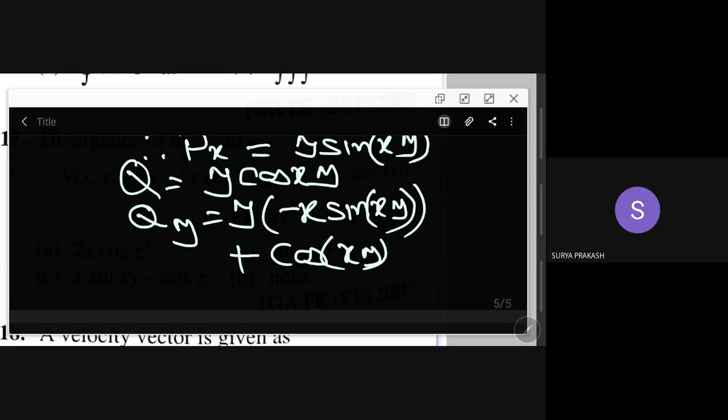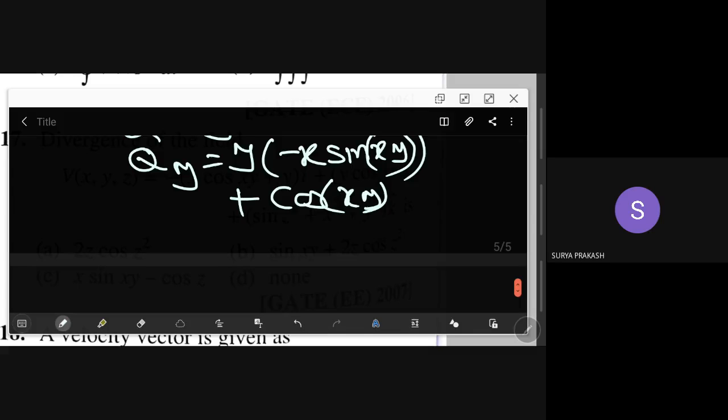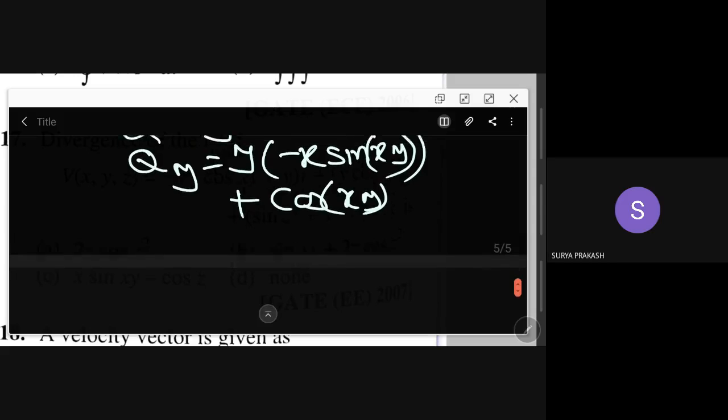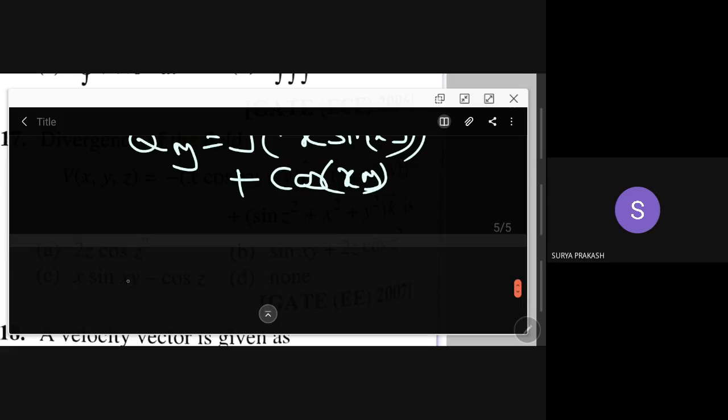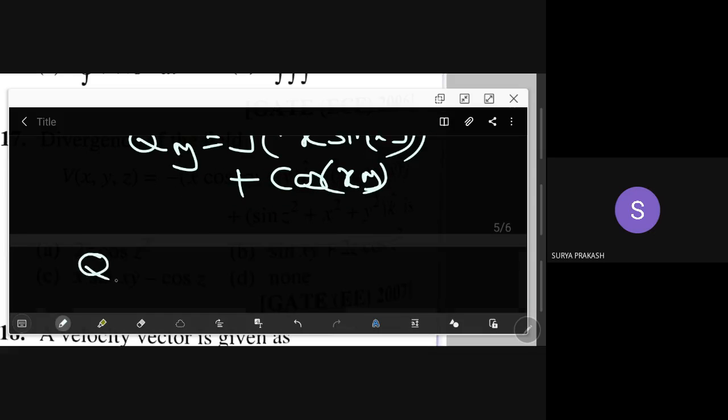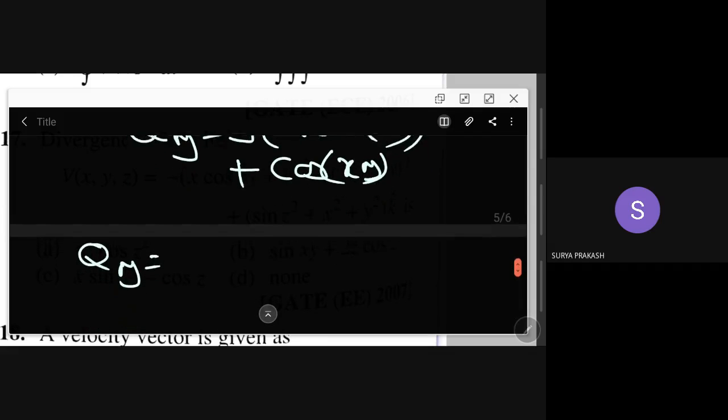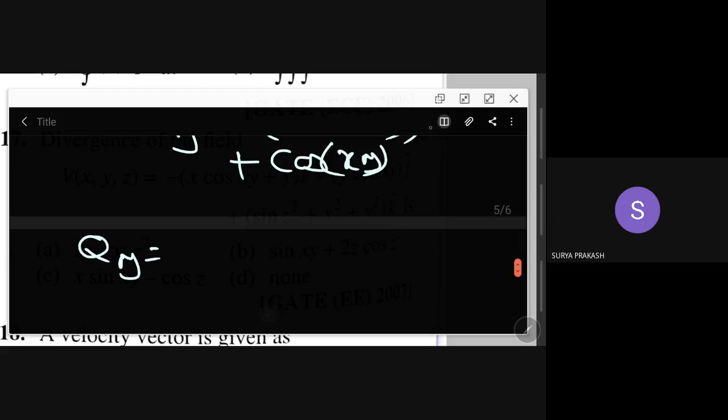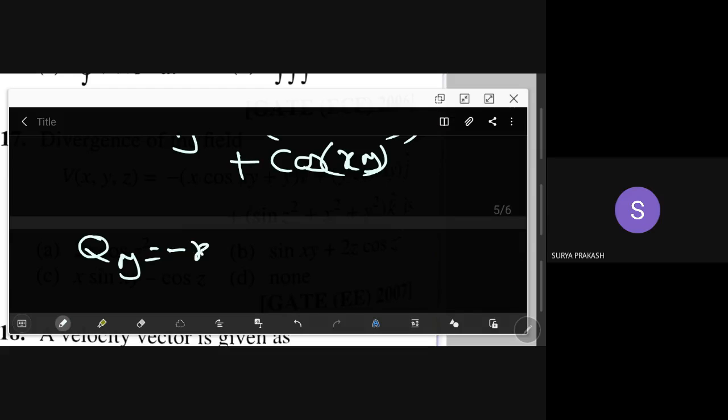If we do like this, then upon simplification we are getting Qy as minus xy sin xy plus cos xy. So this is Qy.